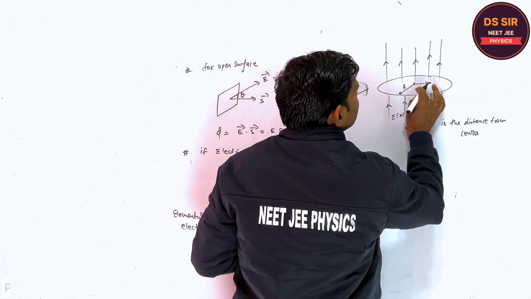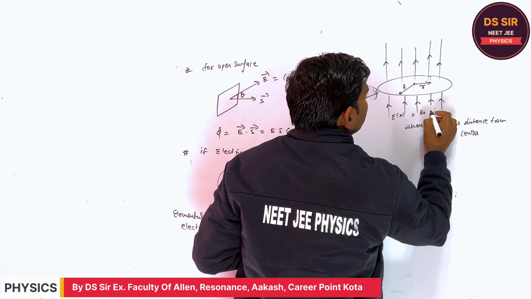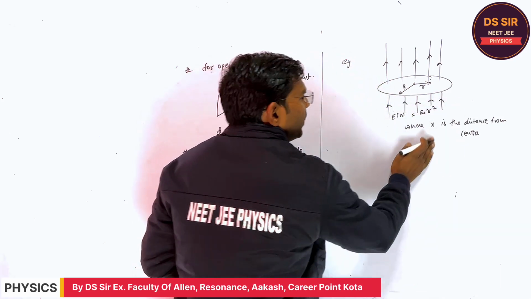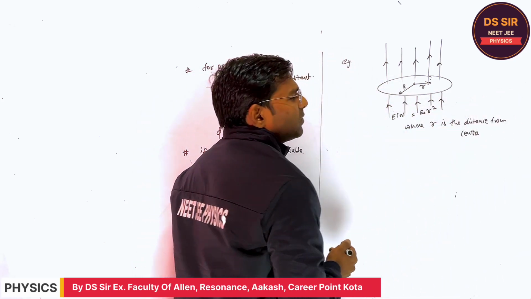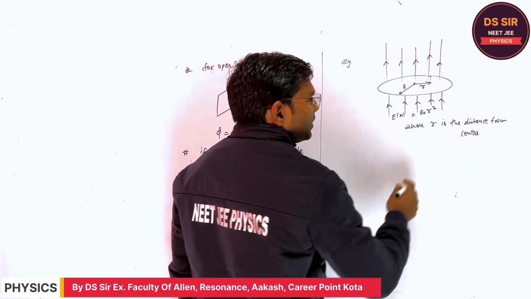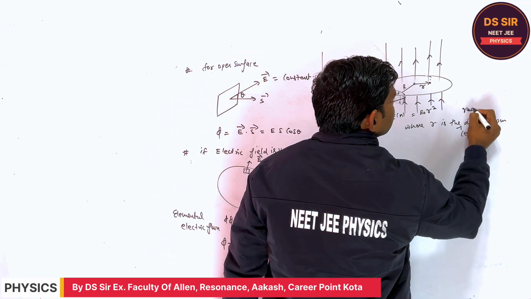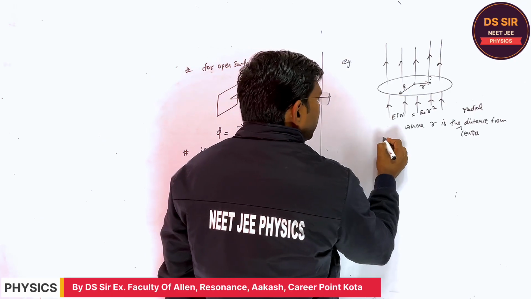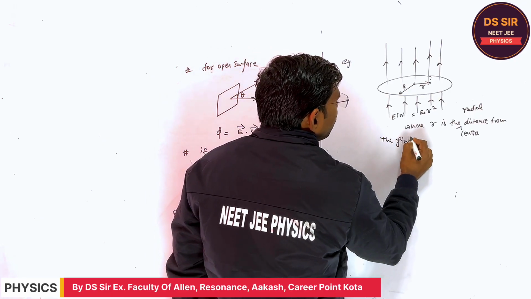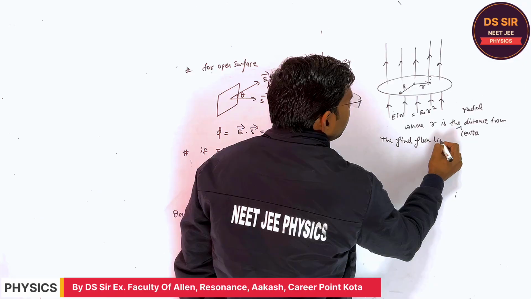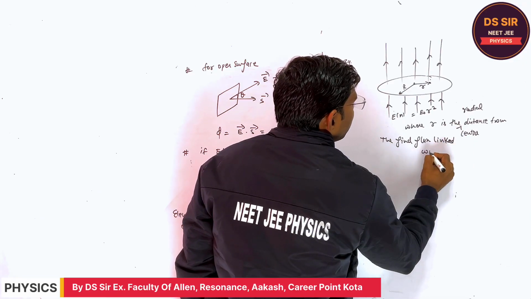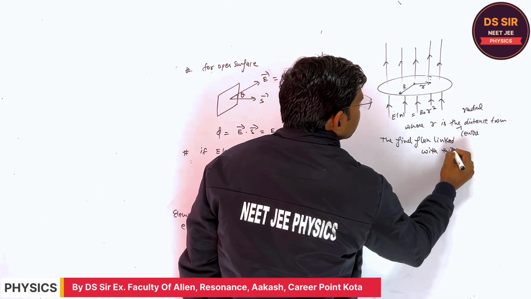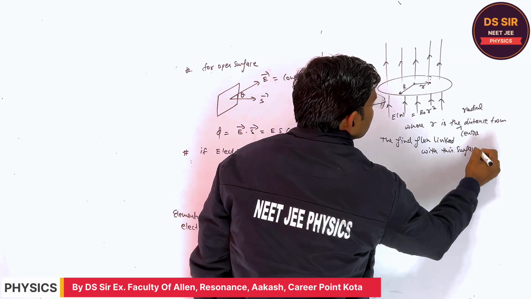Or instead of x you may write r square, where r is the radial distance from the center. So then find the flux linked with this surface.